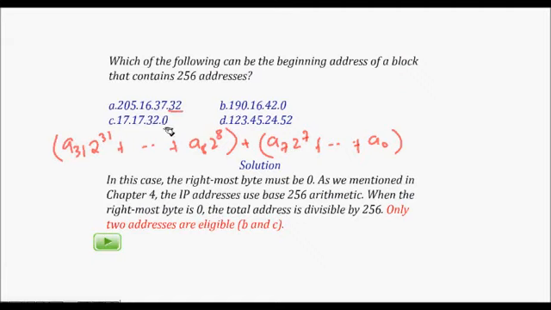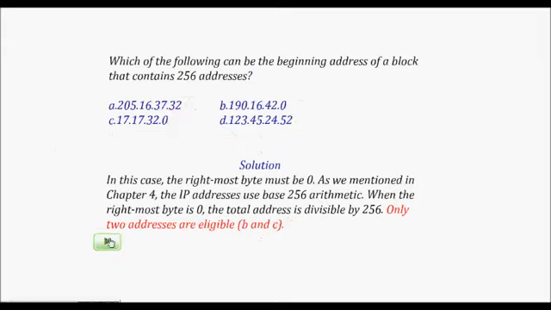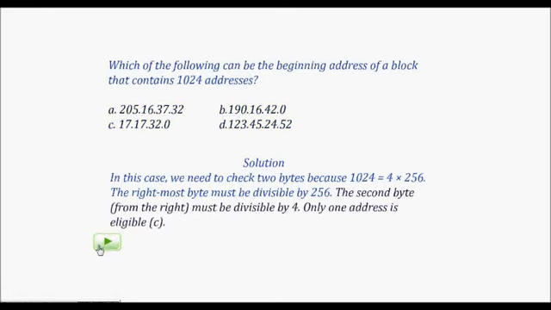So if this is divisible by 256, your answer is divisible by 256. 32 is not divisible, 0 is divisible, 0 is divisible here. So these two can be the beginning address of the block, and this cannot be. So your answers are B and C. So this is also fine.